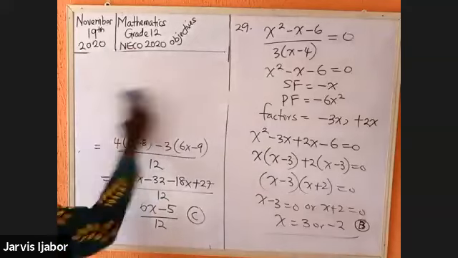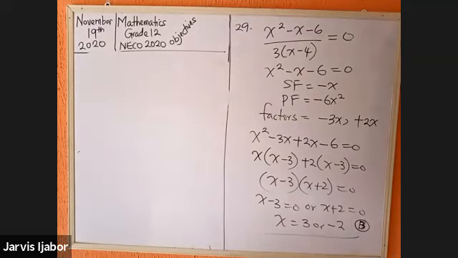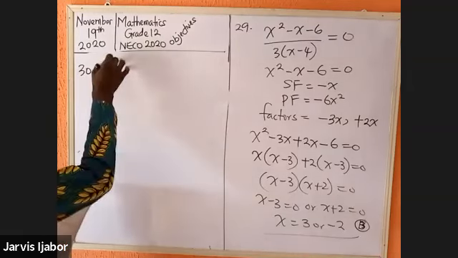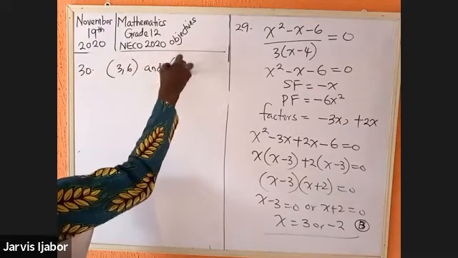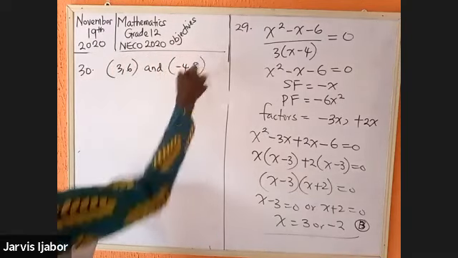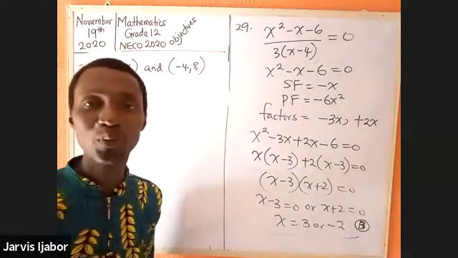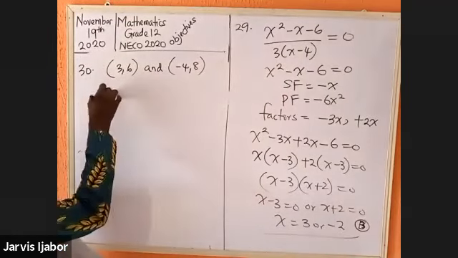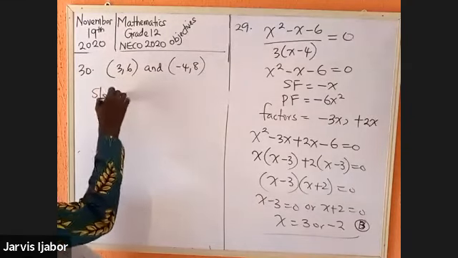So let's take on our last question for today's installment. The last question, which is question 30: find the equation of a straight line passing through the points (3, 6) and (-4, 8). The first thing you need to do here is to look for the slope, or gradient.